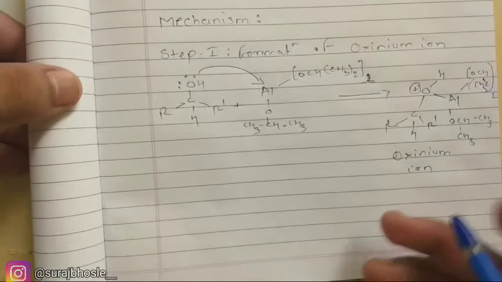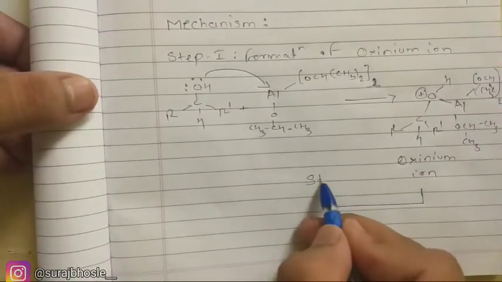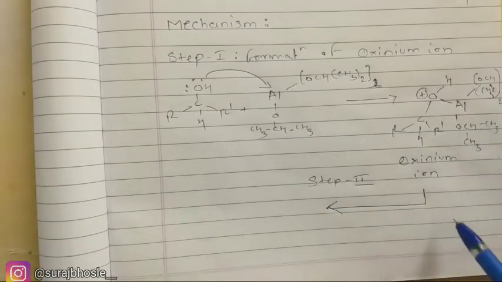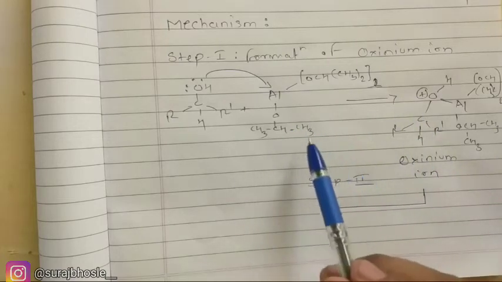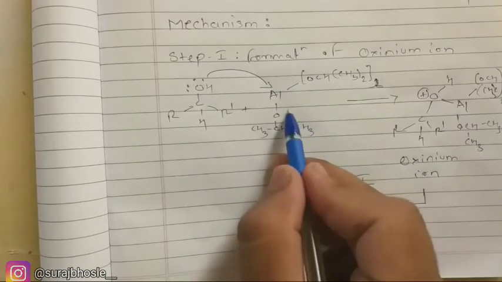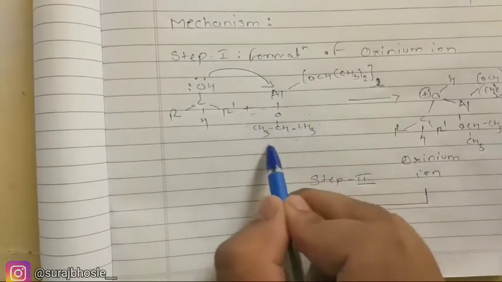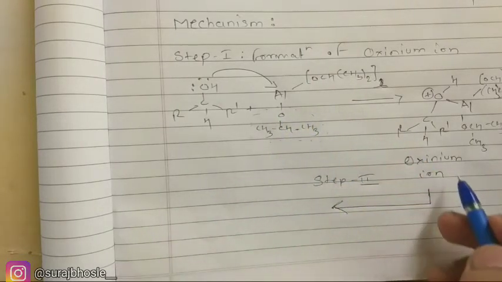Now in step 2, this oxonium ion loses one of its isopropoxide chains from the aluminum isopropoxide oxonium ion.